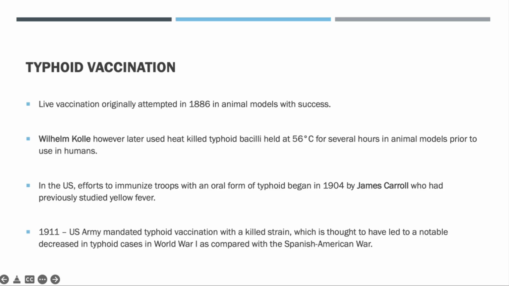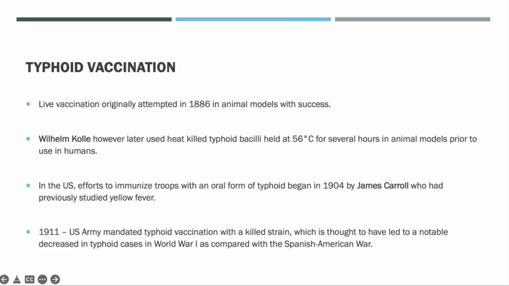Typhoid vaccination: live vaccination with typhoid was originally attempted in the late 1800s as well. Wilhelm Kolle later used heat-killed typhoid vaccine in animal models prior to its use in humans.